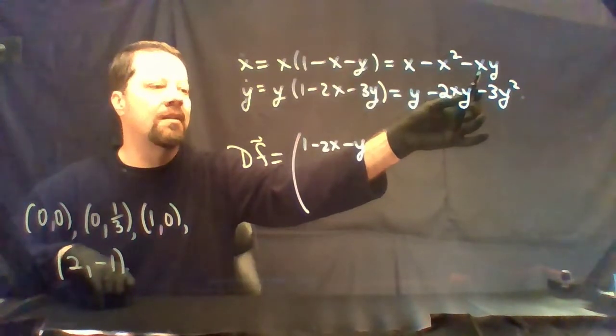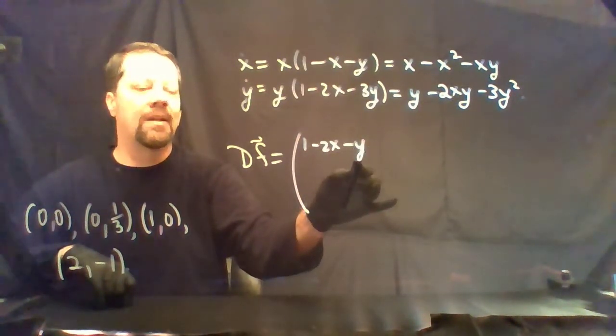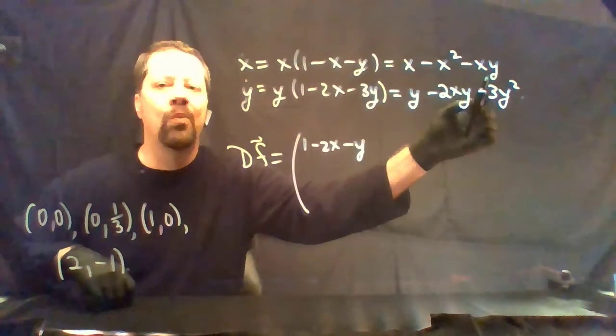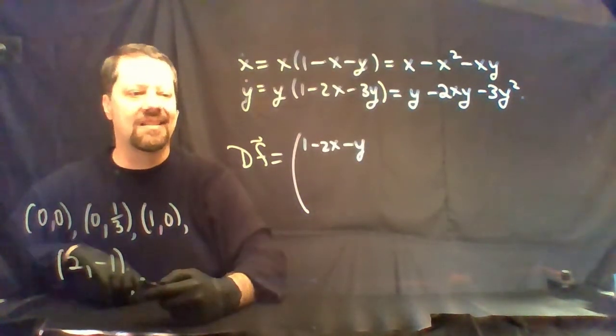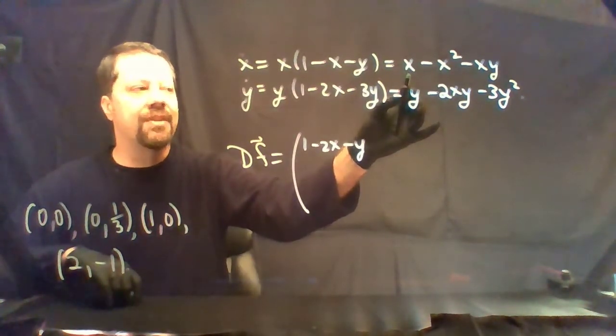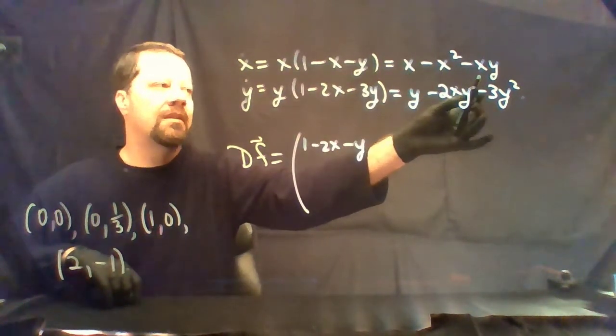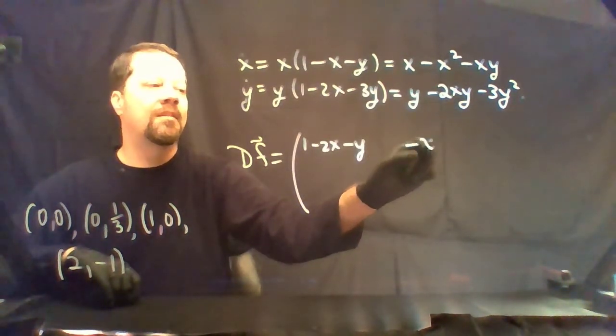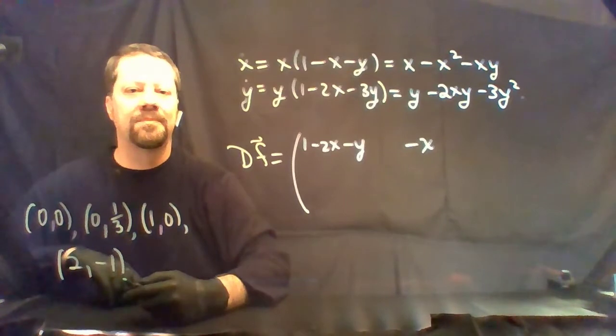Derivative of x is 1, and that's why we get minus 1 times y. We now have to take the derivative with respect to y, holding x constant. If x is held constant, its derivative is 0. Taking the derivative of the last term with respect to y, we get minus x.